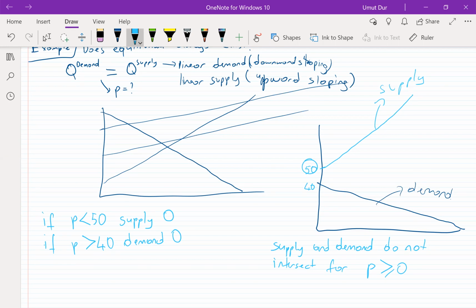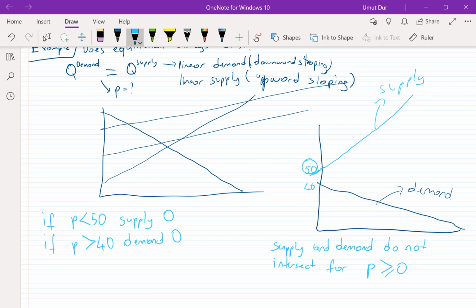Do we say that there is no equilibrium here? It's a mixed question. Basically there is no equilibrium price, because they don't intersect. Or in fact, there is an equilibrium price.